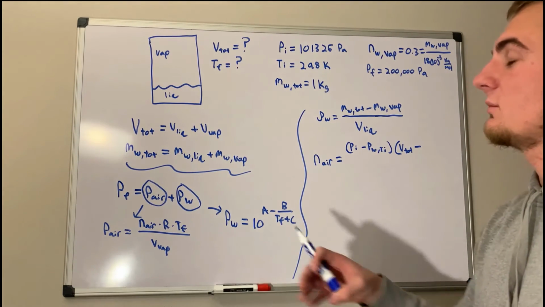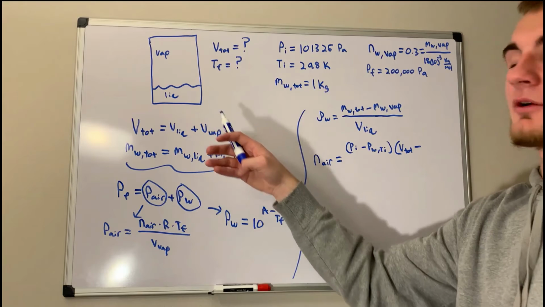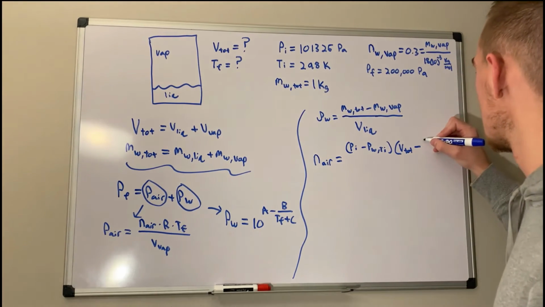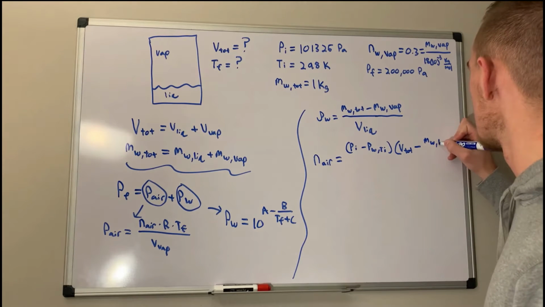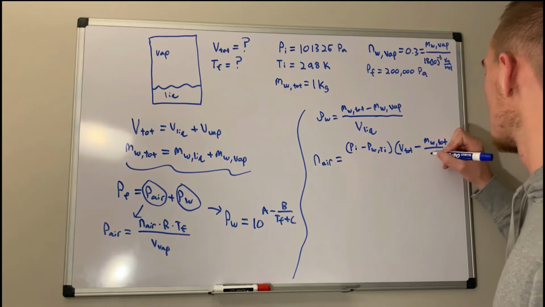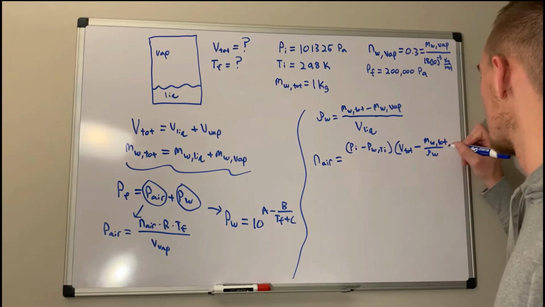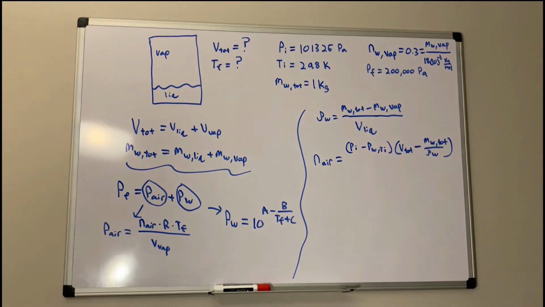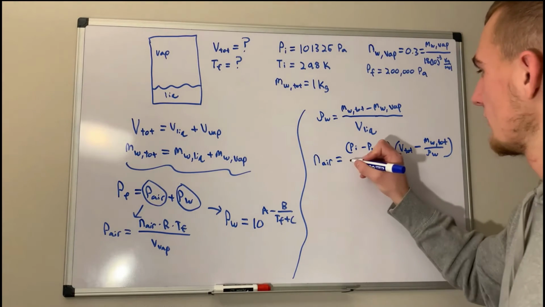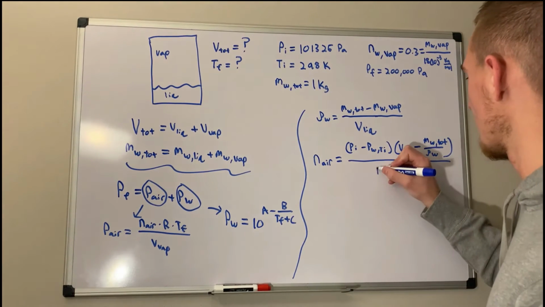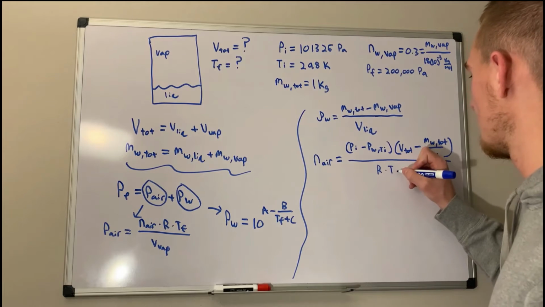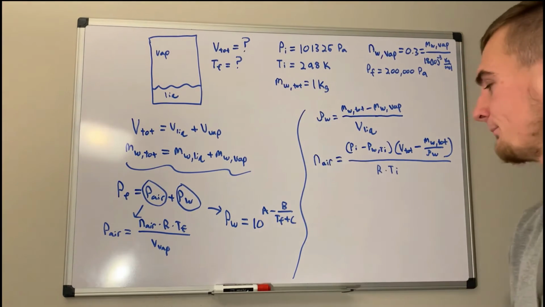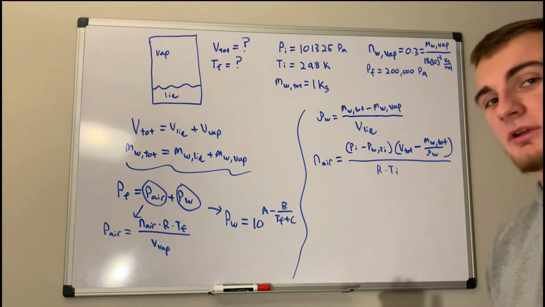However, since we are assuming that the amount of water that we have at the beginning is predominantly liquid, we will just have the mass of water total divided by the density of water. And again, this would substitute for the volume of the liquid here. So this would then be over the ideal gas constant times our initial temperature, since we are looking at the initial situation here. So we have this relationship here as well.